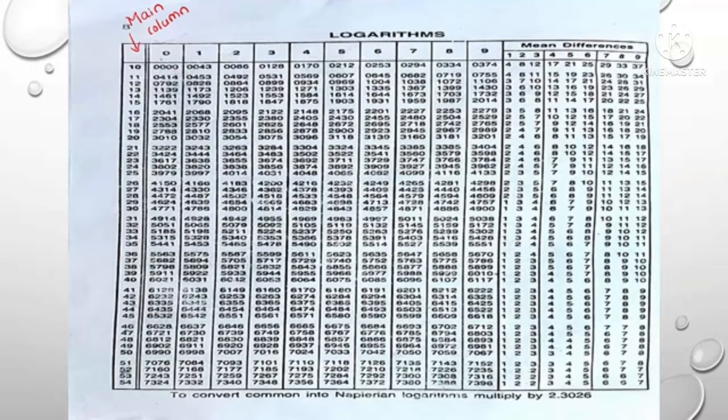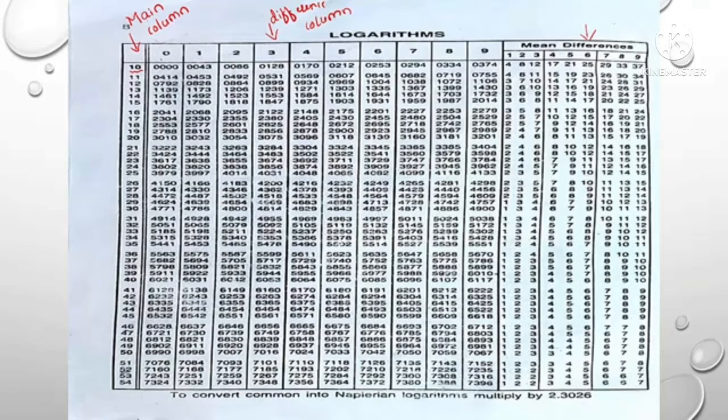This is called the difference column. And the last column here is the mean difference. Main column, difference column and mean difference. This is the log table and it starts with the number 10. Is it clear? Now we can study how to use this log table.